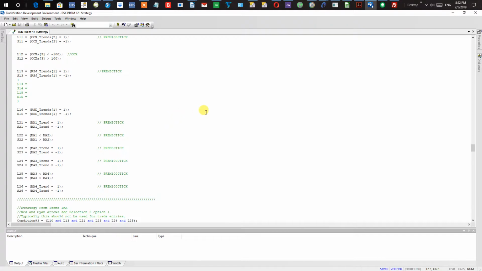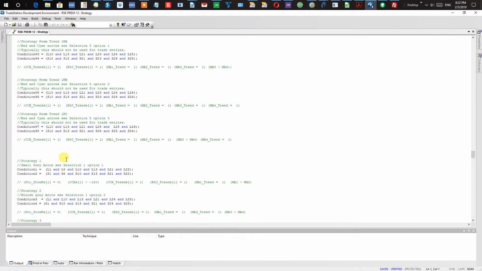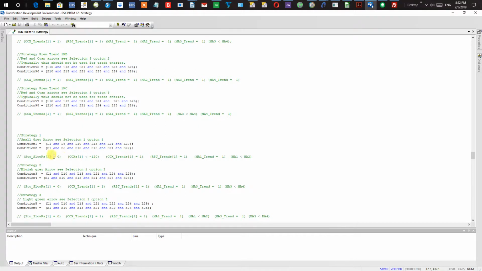And then, according to the needs of the trader, we establish what conditions we want to have included in each individual strategy. Each strategy, of course, can have its own particular identifier in the way of a trade arrow.